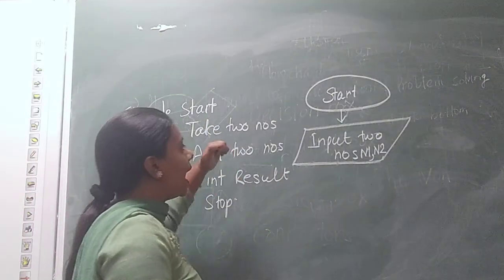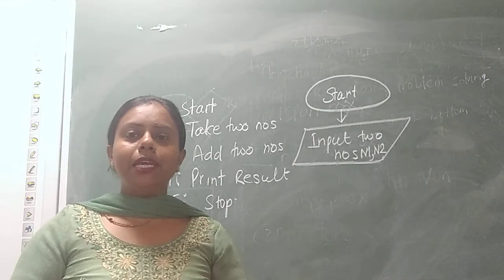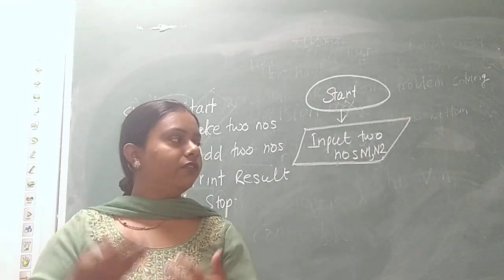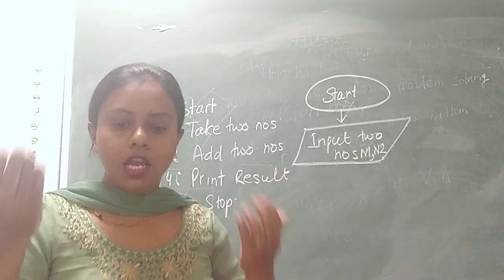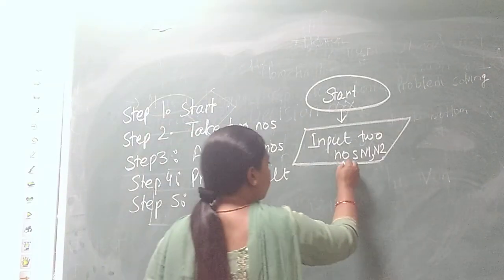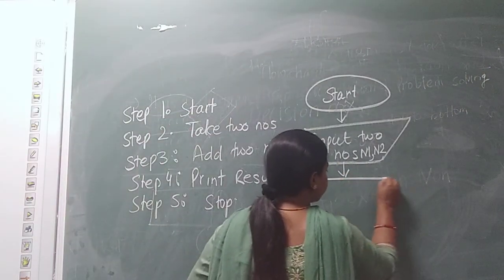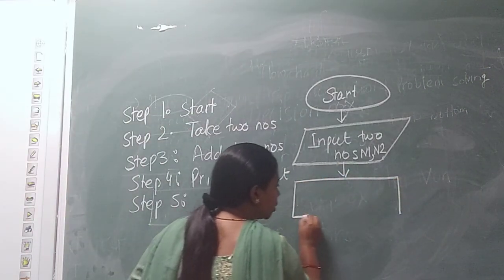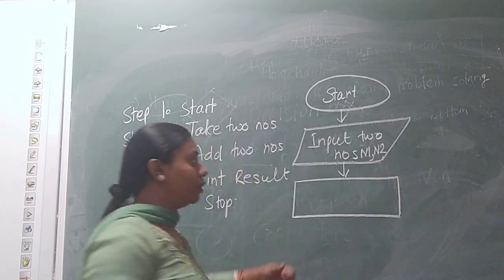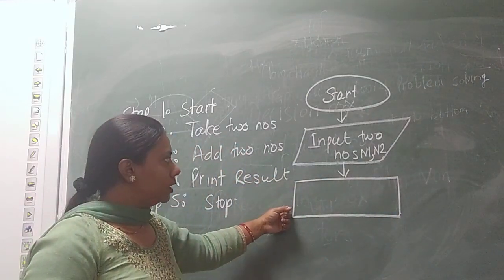After that, add the two numbers. Add means processing: n1 plus n2. So what box will you use for this? For calculation, for processing, we will use this rectangle box. Okay?